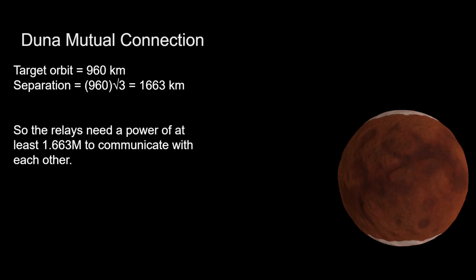For our example, where we have a target orbit of 960 kilometers, it's going to be 960 times the square root of 3, which is about 1,663 kilometers. So, relays would need to just be able to talk within the system, talk to each other. They'd need a power of at least 1.663 M. This isn't so much relevant for interplanetary stuff, because if your relays are able to talk to the KSC, they're probably going to be able to talk to each other.